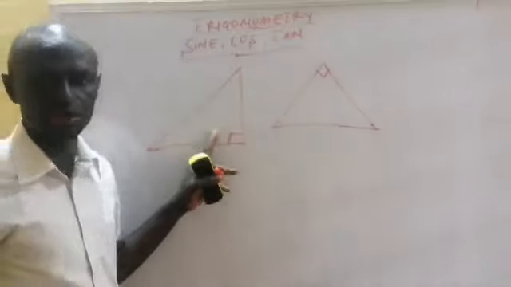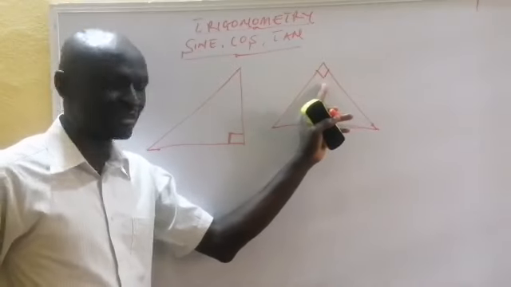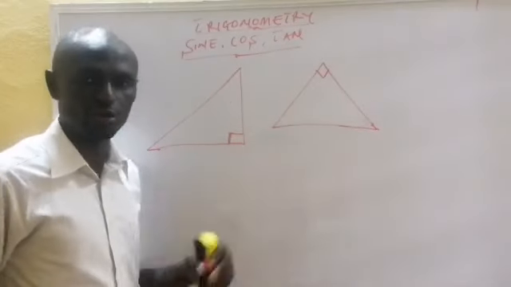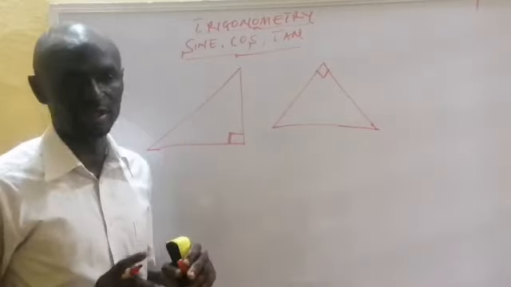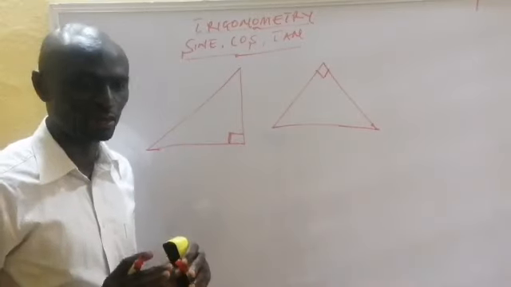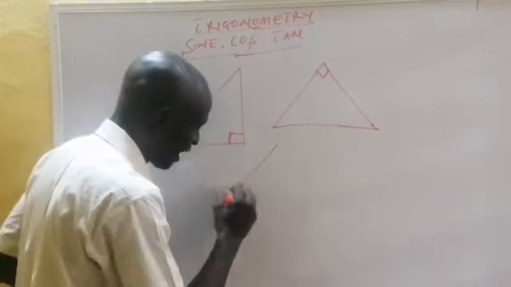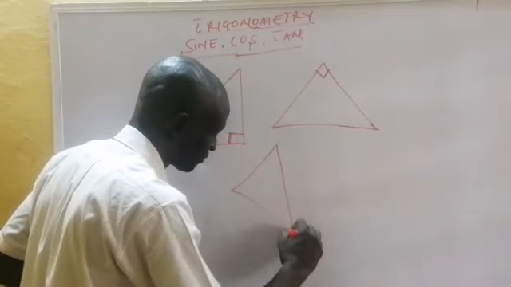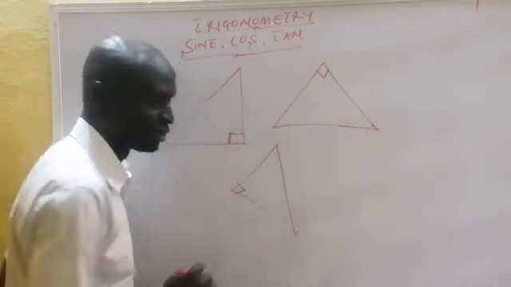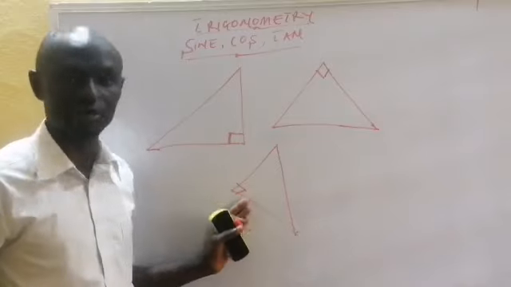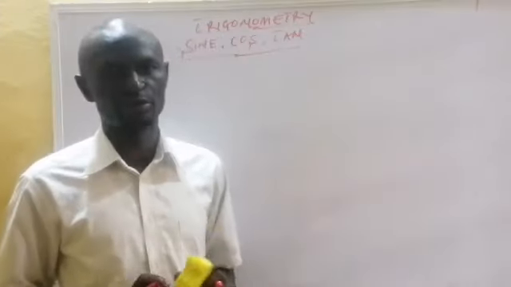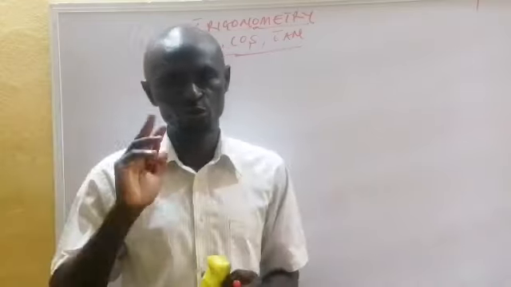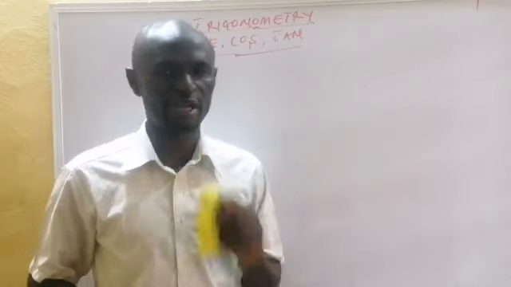While this edge has 90, this edge also has what? 90 degrees. That makes it a right angle triangle. If I have the shape this way, and I still have my symbol this way, this is also a right angle triangle.